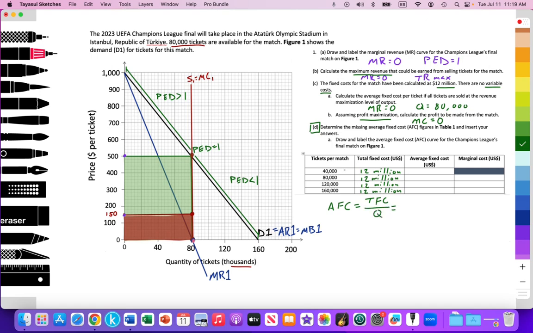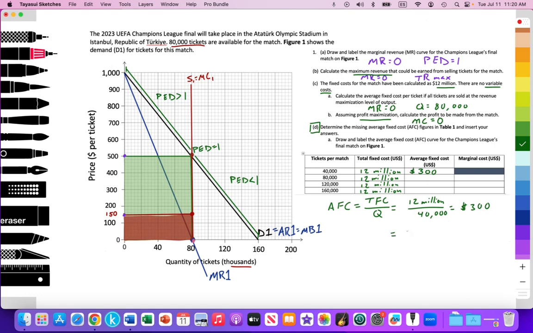So total fixed costs for the first unit is 12 million divided by 40,000 tickets. That's going to equal $300 of costs on average being fixed per ticket. So we'll go ahead and put that in, 300. Perfect.